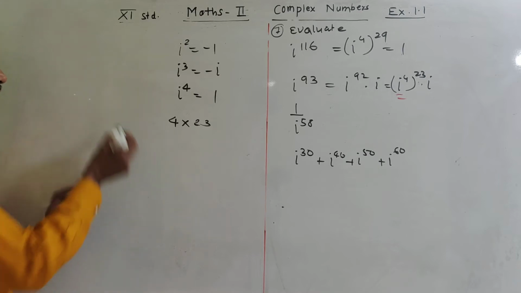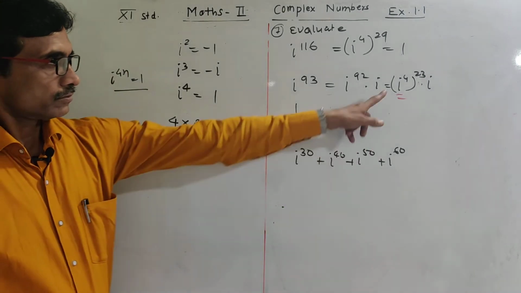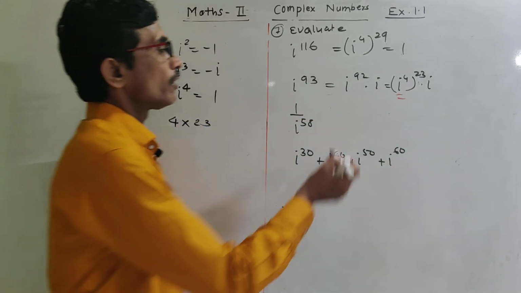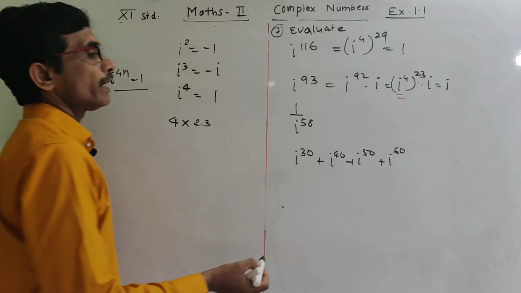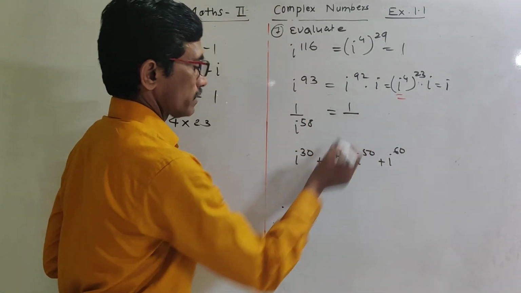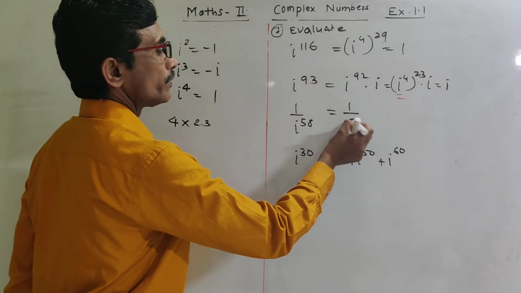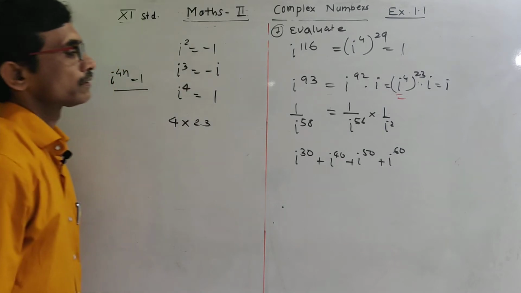So in general, i raised to power 4n is equal to 1. So this is 1 into i, so the value of this is i. Now this is 1 upon i raised to power 58. We write that as 1 upon i raised to power 56 into i squared.